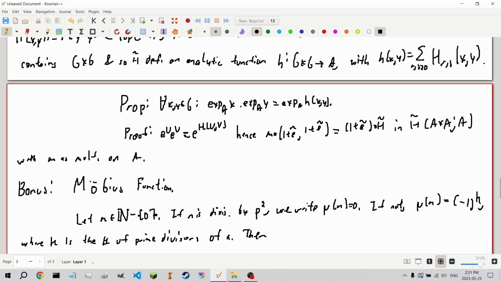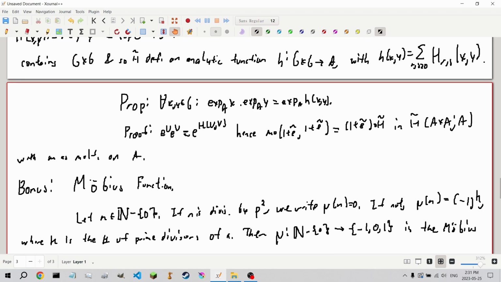Then this function mu from the natural numbers not including 0 to minus 1, 0, 1 is called the Mobius function.